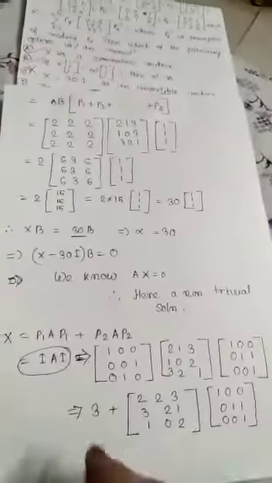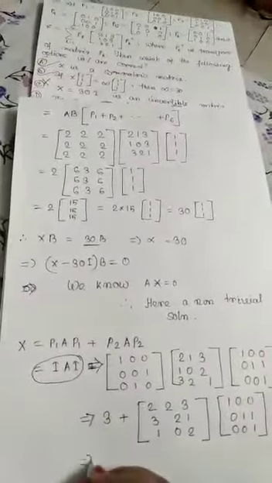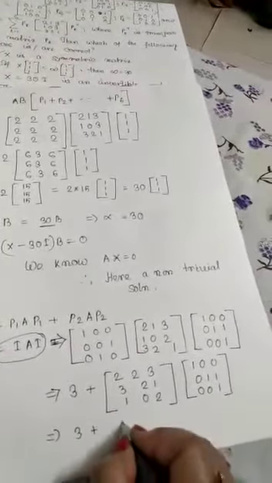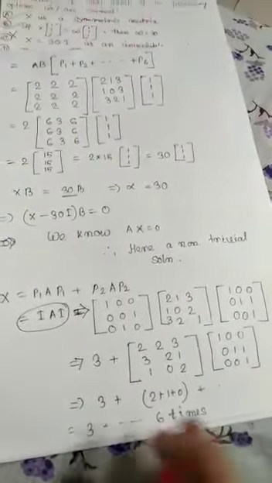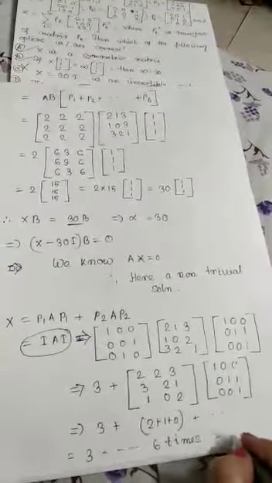Then next it is 3 plus 2 plus 1 plus 0, and it goes on just 6 times, that is 3 at 6 times, 6 times 3, and it is equal to 18.